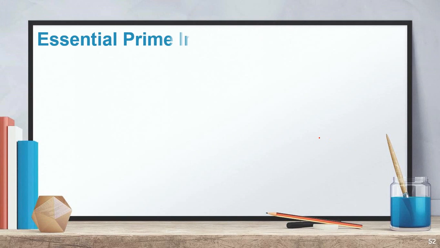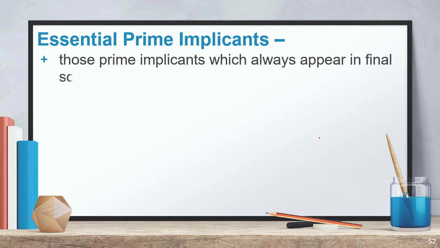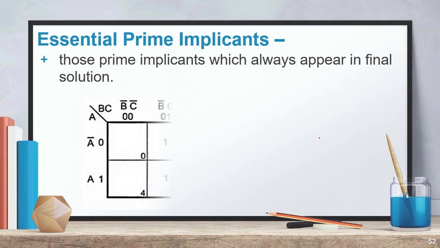Similarly, another implicant type is called the essential prime implicant. These are those subgroups of the prime implicants which cover at least one minterm that cannot be covered by any other prime implicant. This is also known as EPI. Simply, we can say that these are the prime implicants which always appear in the final solution.